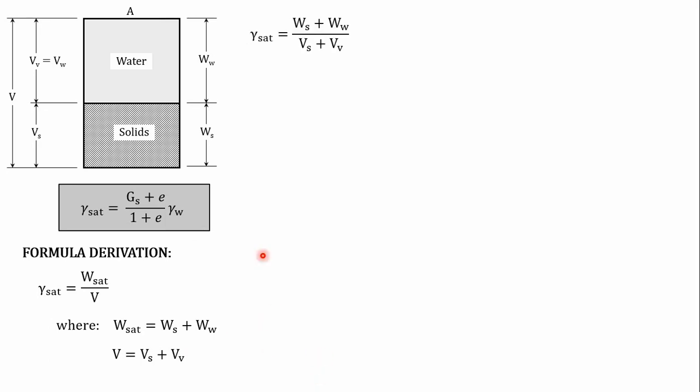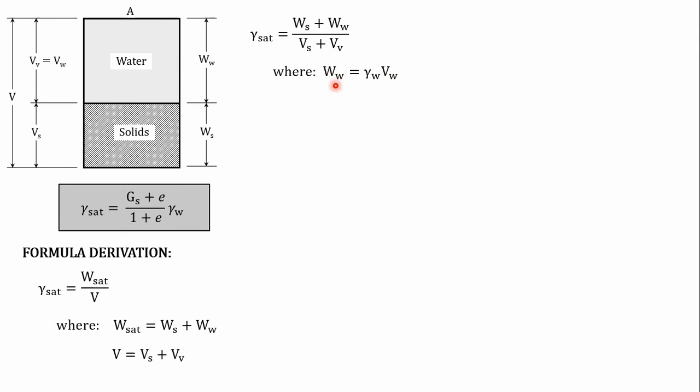So, by substituting ng dalawang formula to this formula, we come up to saturated unit weight is equal to the weight ng solids plus weight ng water divided by volume of solids plus volume of voids. Take note, no? Where weight ng water is equal to unit weight ng water times the volume of water. Gets nyo?